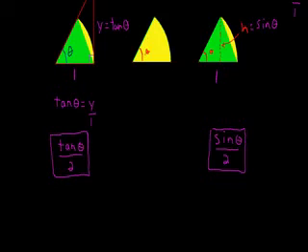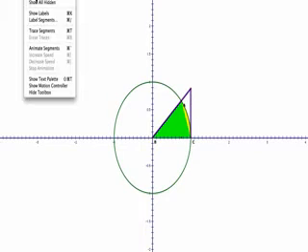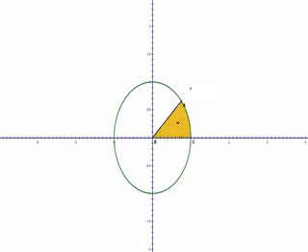Finally, what's the area of this yellow sector? To find the area of a sector, you may or may not remember this from geometry, but let me get rid of some lines here and hopefully illustrate this for you.